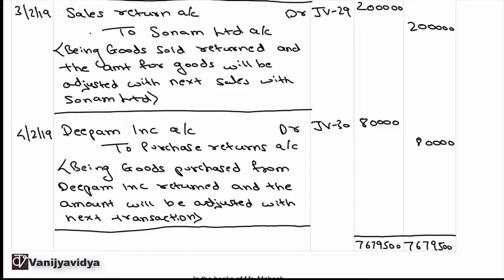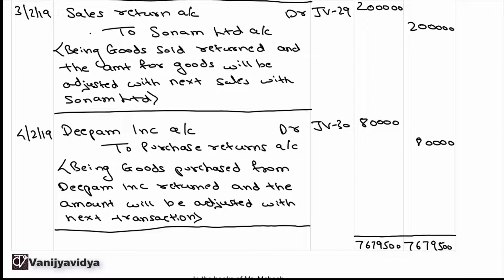JV 30 was the last journal entry. So now again we will close the ledger accounts and find out the balance as on 4th Feb 2019. Now basically we can close the ledger account at any date and find out what is the balance.